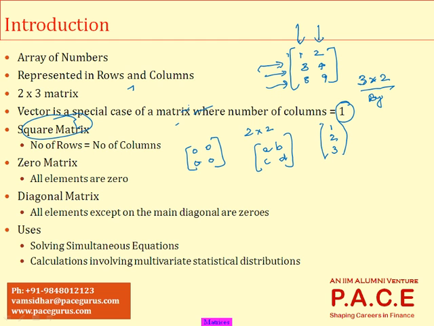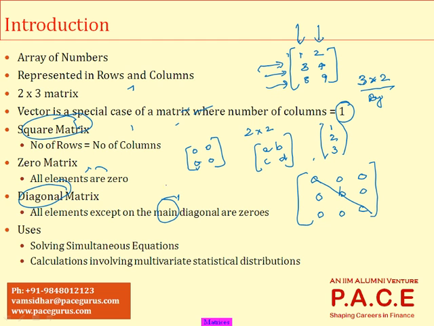Then we also have another special type of matrix called a diagonal matrix. What is this diagonal matrix? In a matrix, let's say I am trying to put a matrix of this form. This line from the top left corner to the bottom right corner, we call that the main diagonal or the principal diagonal of the matrix.